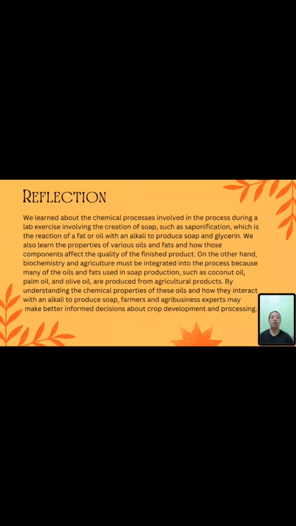On the other hand, biochemistry and agriculture must be integrated into the process because many of the oils and fats used in soap production, such as coconut oil, palm oil, and olive oil, are produced from agricultural products. By understanding the chemical properties of these oils and how they interact with an alkali to produce soap, farmers and agribusiness experts may make better informed decisions about crop development and processing.